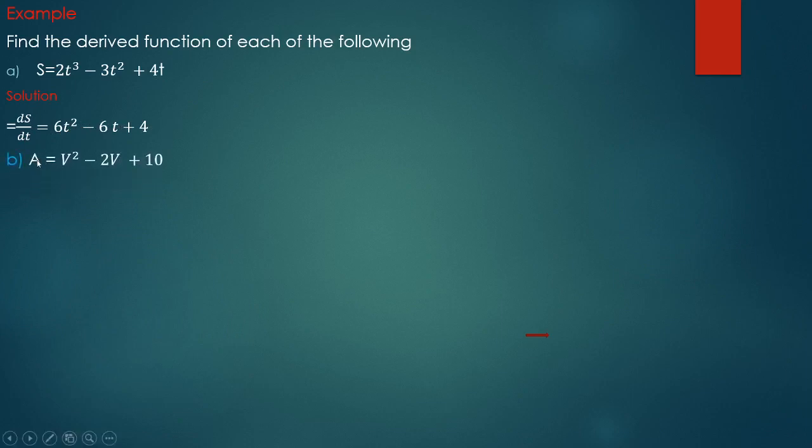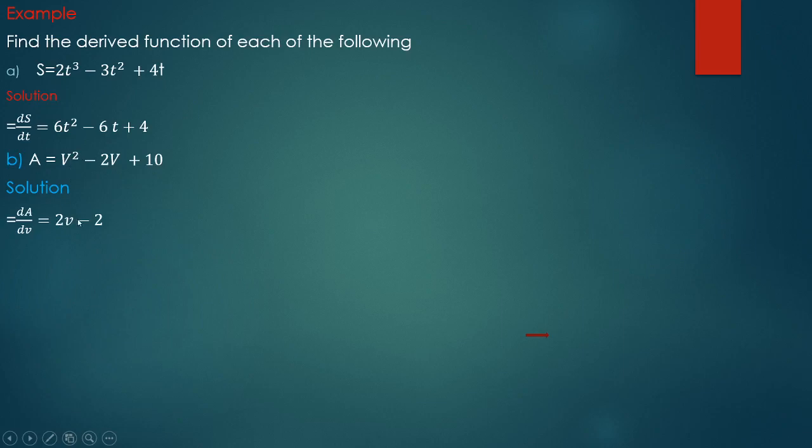But b, we also find the derivative of A equals v squared minus 2v plus 10. Now, in this case, we shall talk about dA over dv. So dA over dv becomes this one, 2 times 1, it is 2, and the v, remember, 2 minus 1 is 1, so it is v power 1, which is the same as v.